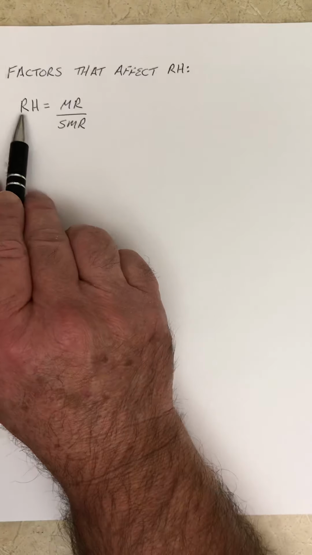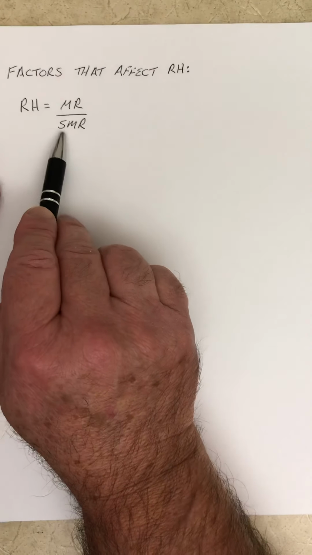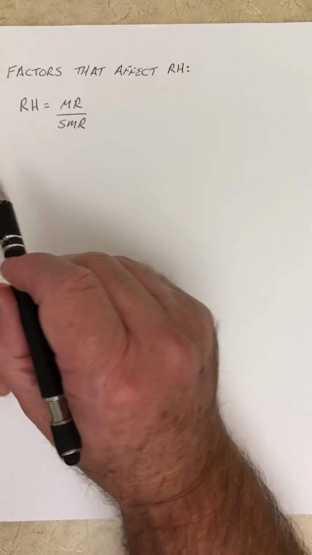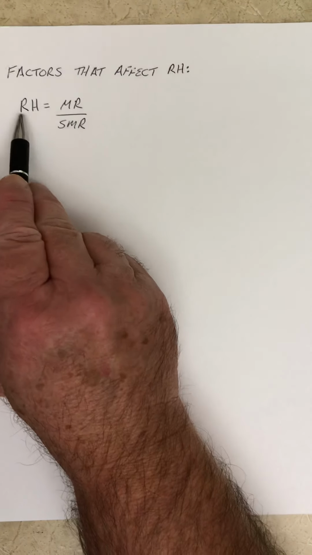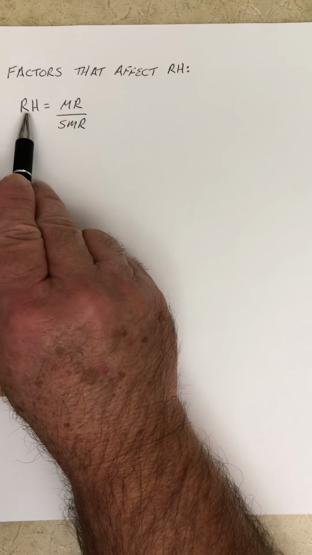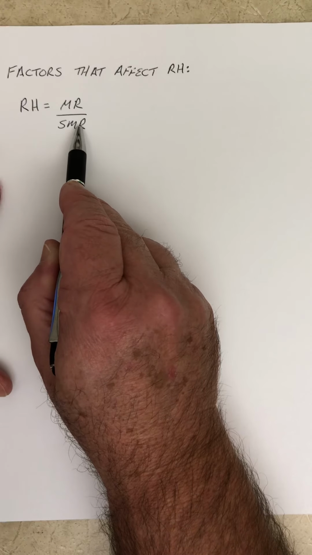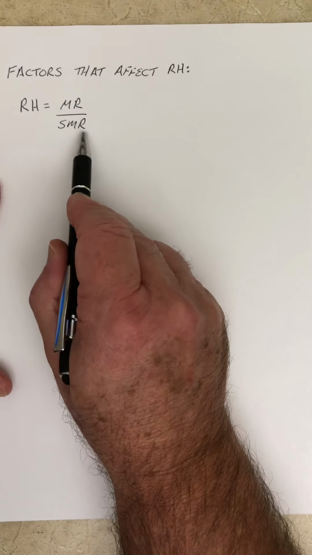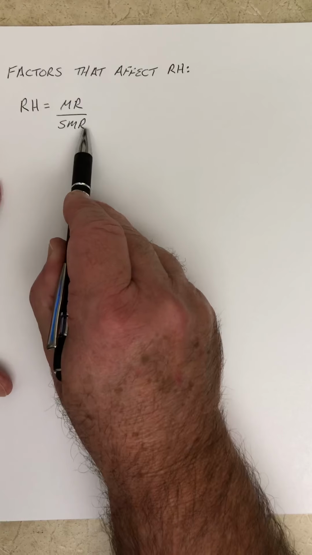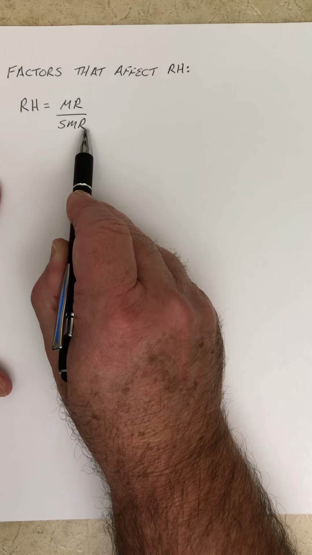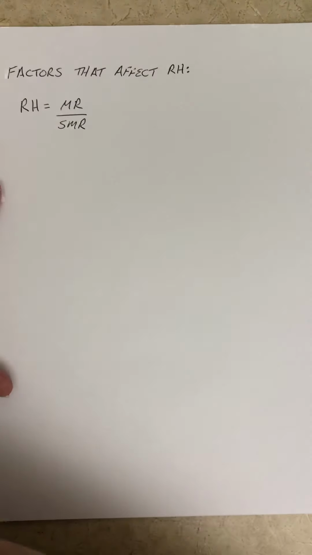Again, if we take a look at the relative humidity equation, just from a math standpoint, you can influence the relative humidity by either influencing the numerator or the denominator. In this particular case, we're going to influence the denominator. We're going to change the saturation mixing ratio.